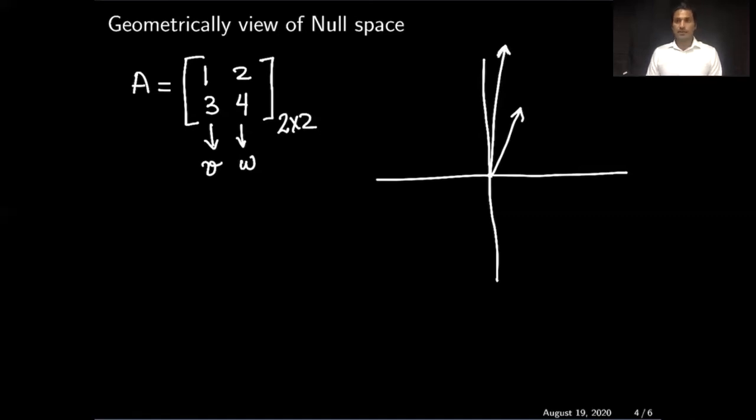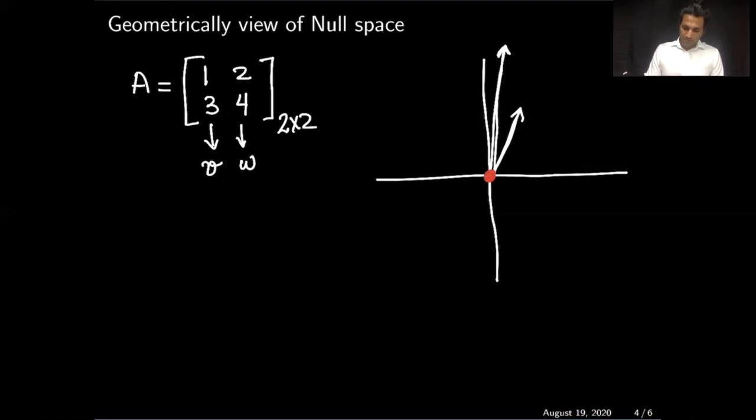So now, what is a null space? A null space is: what linear combination do you take of this vector and that vector which produces the zero vector, which has no length?